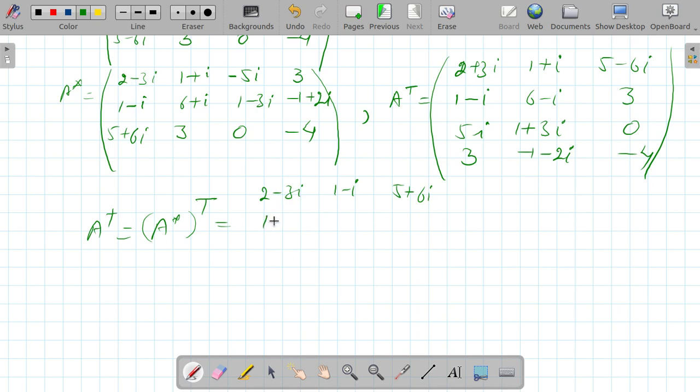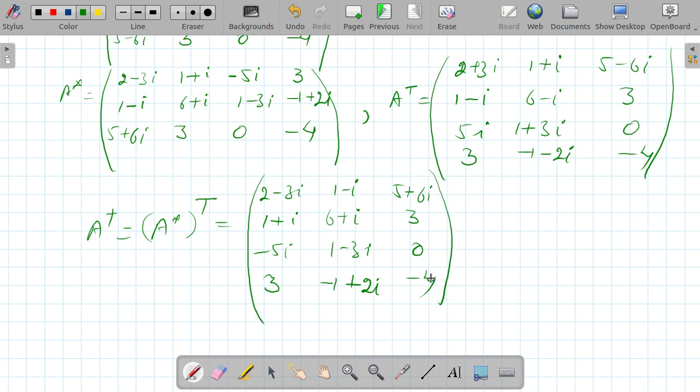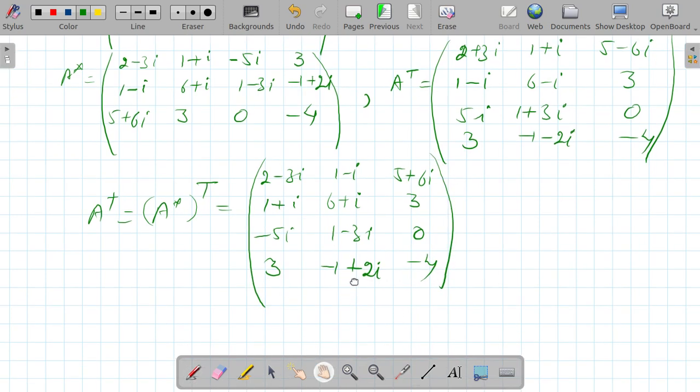It is 1 plus iota, 6 plus iota, 3 minus 5 iota, 1 minus 3 iota, it is 0, it is 3, minus 1 plus 2 iota, it is minus 4. So this is A dagger.